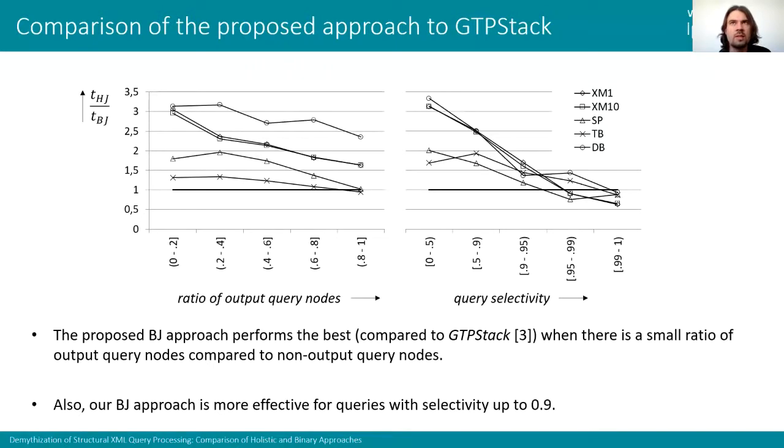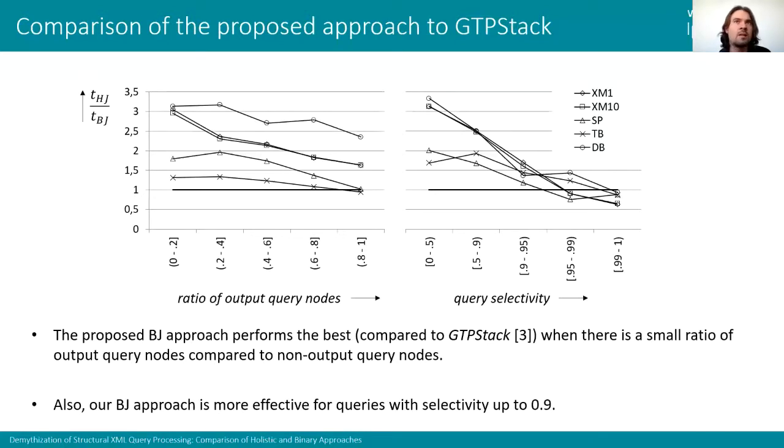This ratio, which is depicted on the horizontal axis, means how many query nodes out of all query nodes in a TPQ are output. The values represent the relative speedup of our binary join approach compared to GTPStack, and it is computed as the total time of GTPStack divided by the total time of our binary join approach for a set of TPQs in a specific range of the ratio.